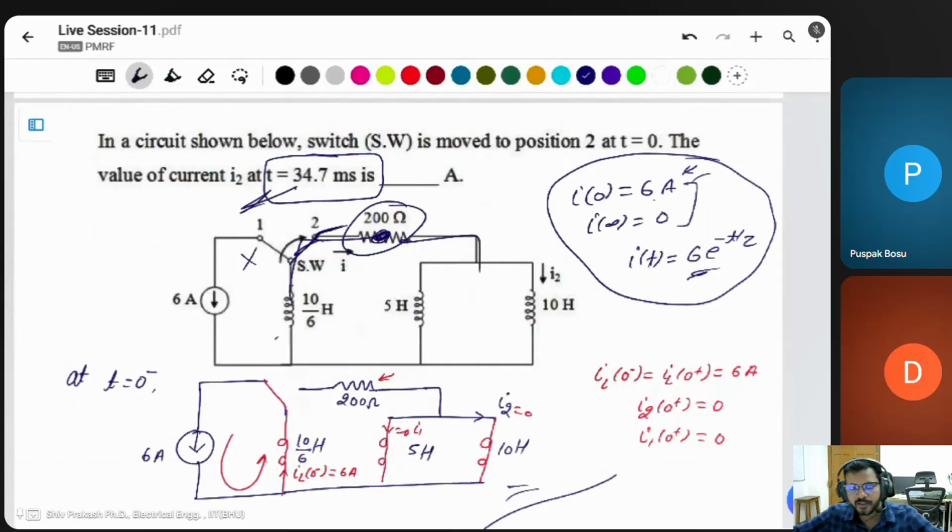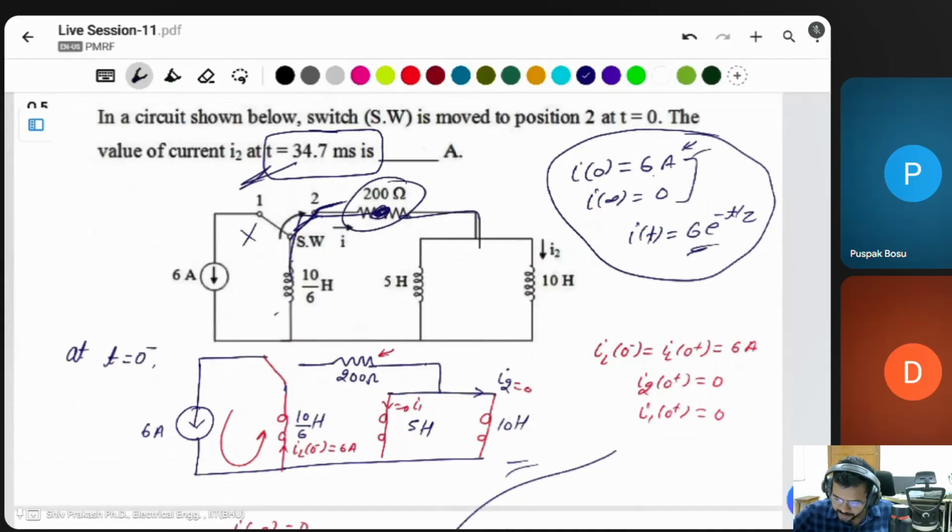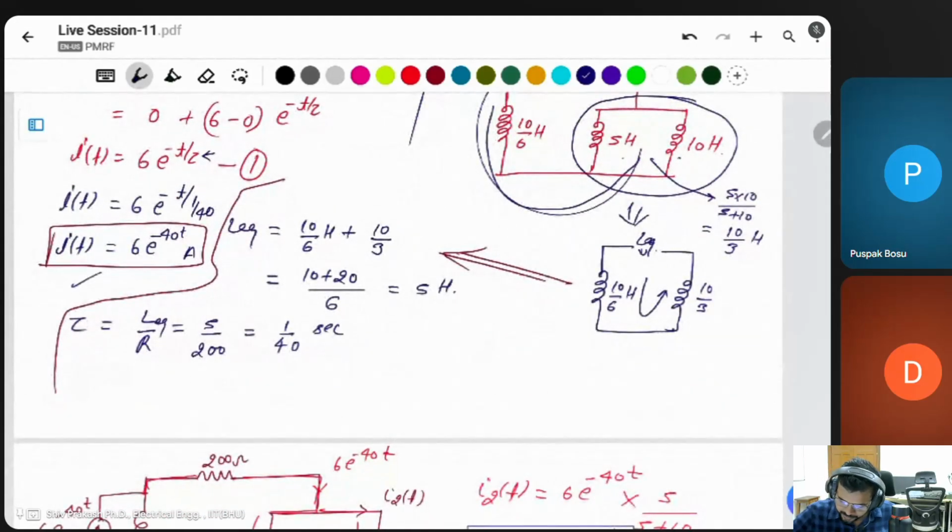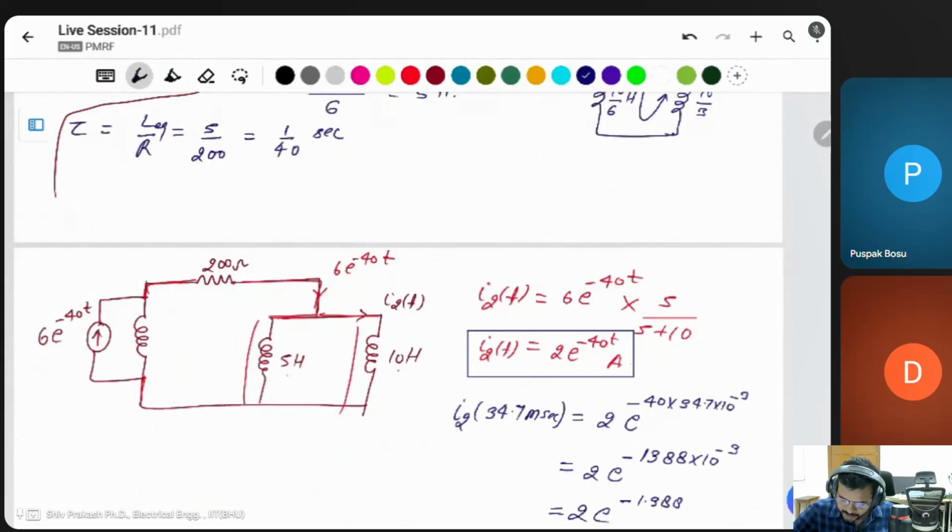Then you can find the time constant. After that, the same current is flowing through these two, and this current is divided into two parts, 5 Henry and 10 Henry, and then you can find I2.